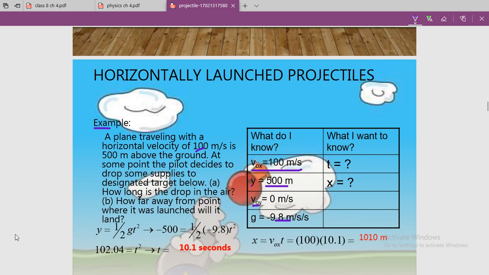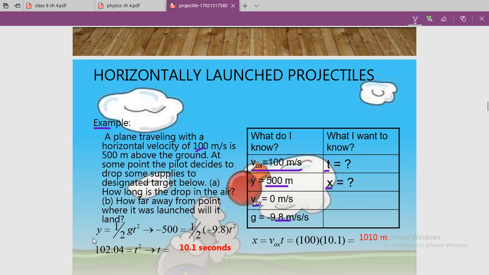Now in this question we have to find the value of t, how long it drops in the air, and second, how far away from the point where it was launched, so the value of x. Let us solve by using the equations we have already discussed in previous slides.